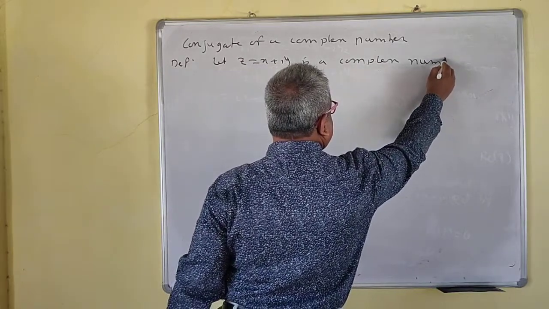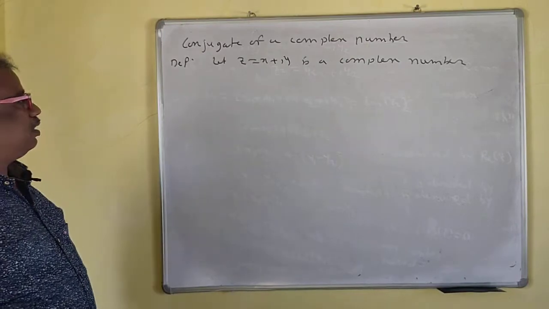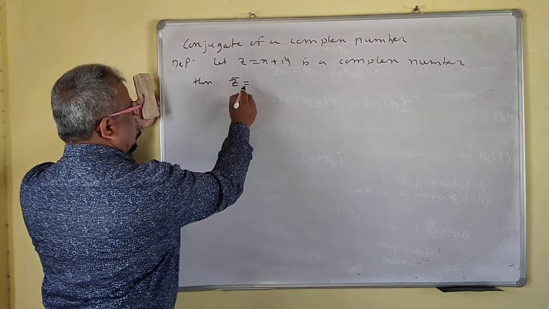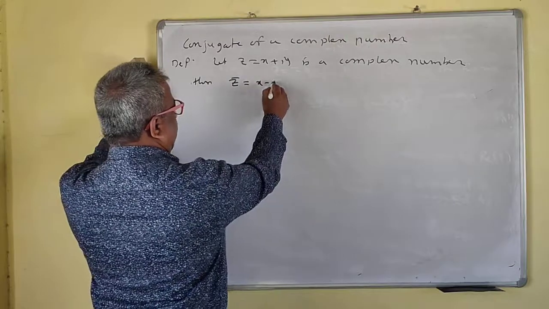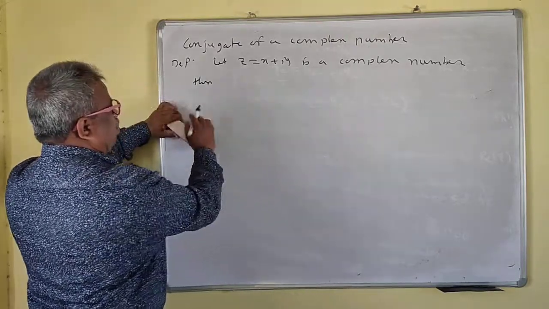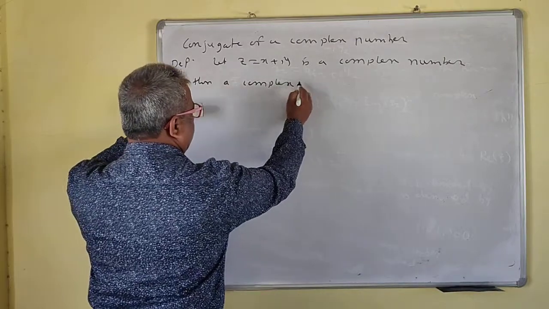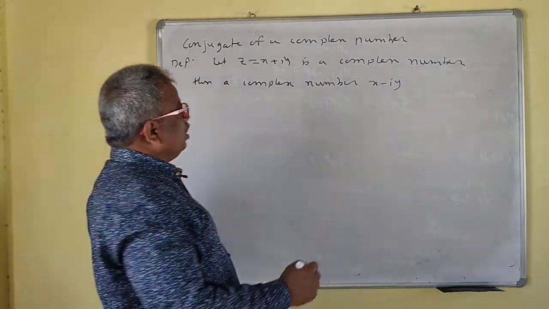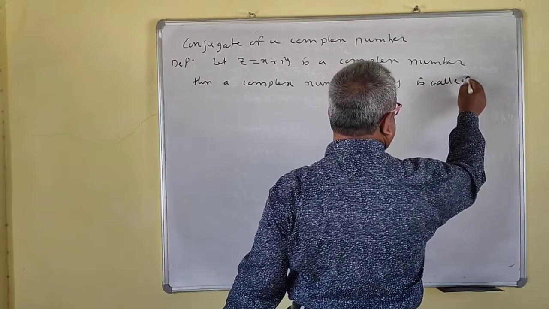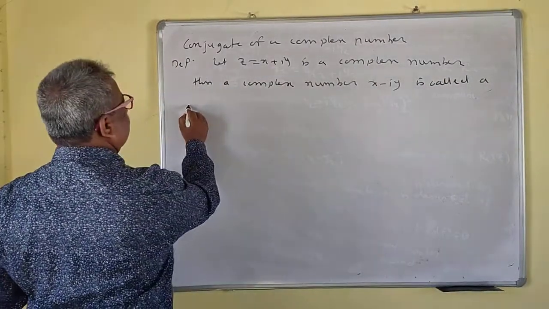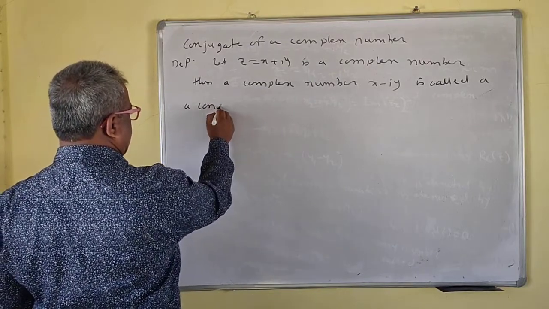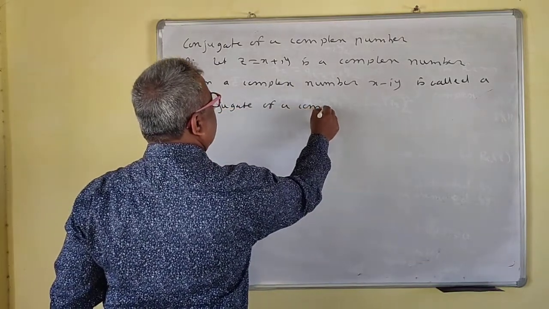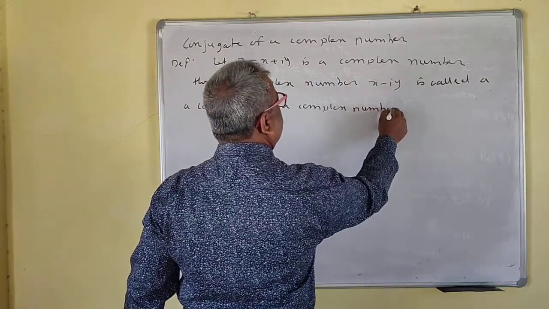Then x minus iy is called the complex conjugate of the complex number z.